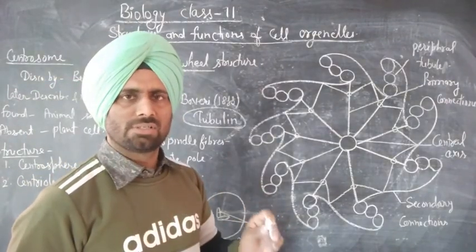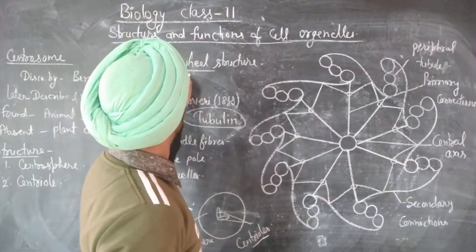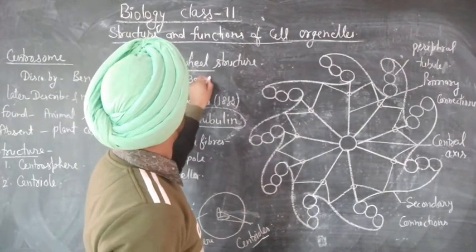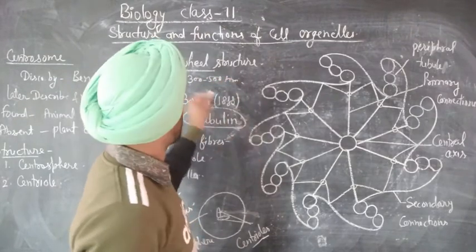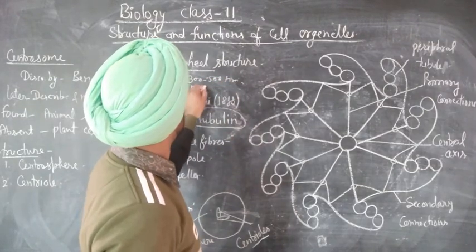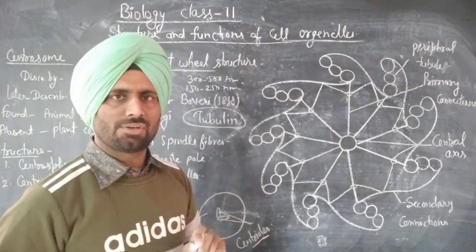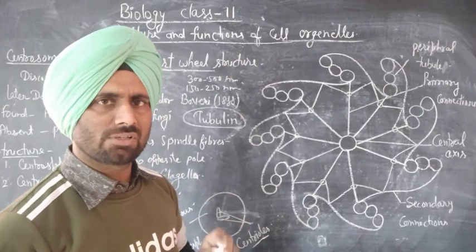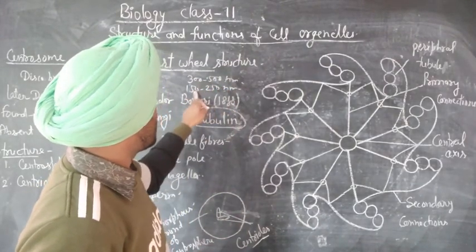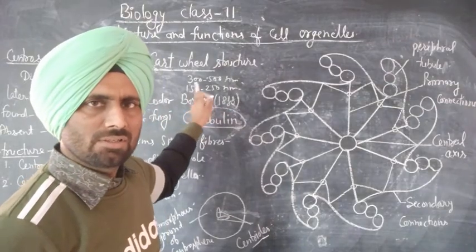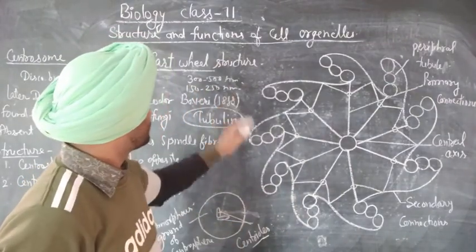Each centriole is a cylindrical structure. Their length is approximately 300 to 500 nanometer, and their diameter is 150 to 250 nanometer. Okay.